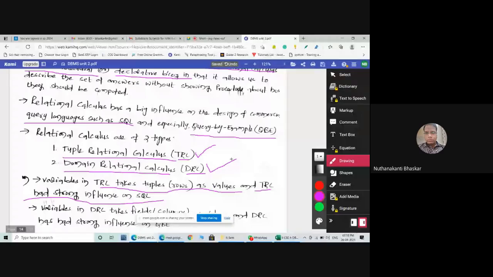The second category of relational calculus is domain relational calculus. Domain. Can anyone tell me what is the meaning of domain in a relational database? We already discussed that. Anyone please suggest what is the meaning of domain?